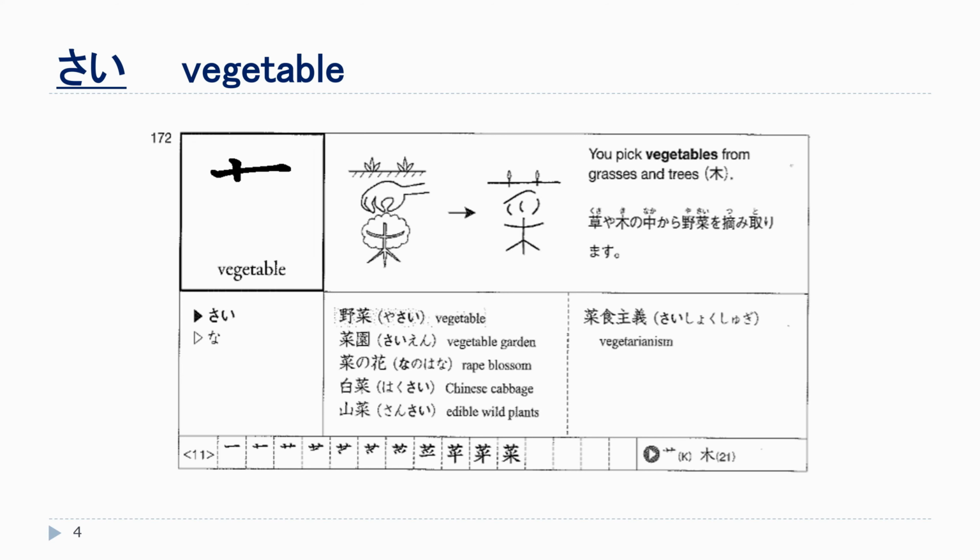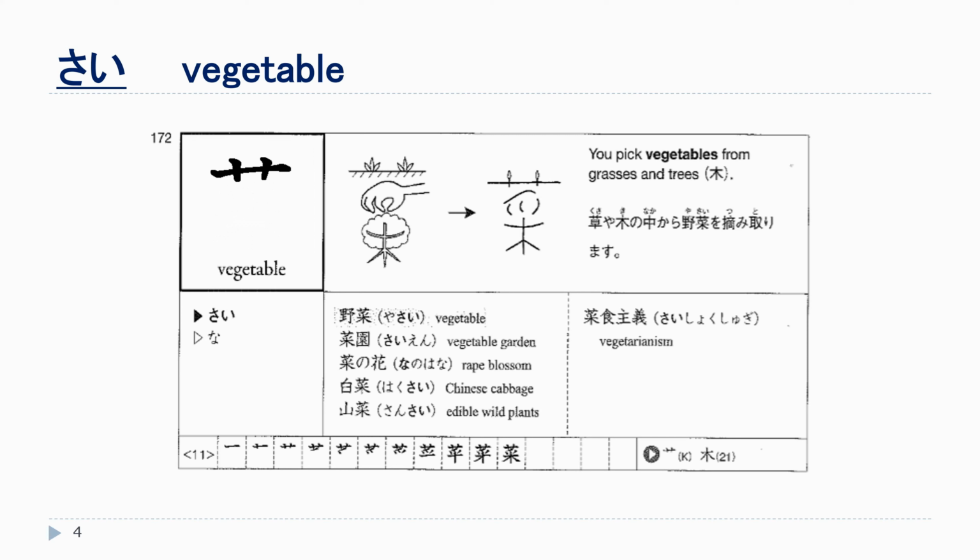A lot of people don't have enough strokes when they write this kanji, so let's look at it carefully together. We have the grass part, the diagonal line, the 3 lines, and then the tree underneath. So we can't be missing any of them. 1, 2, 3, 4, 5, 6, 7, 8, 9, 10, 11.